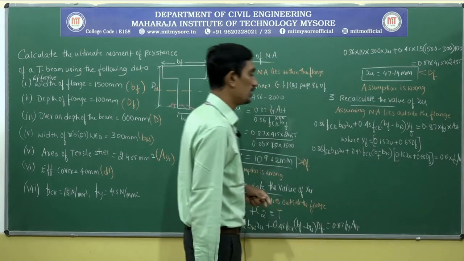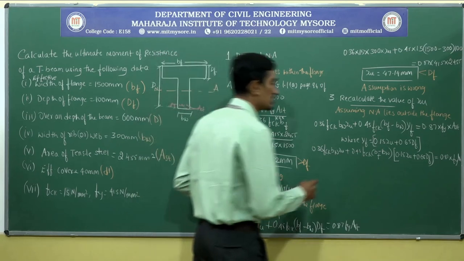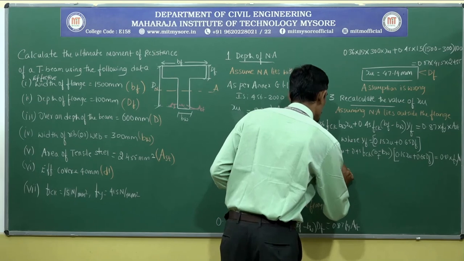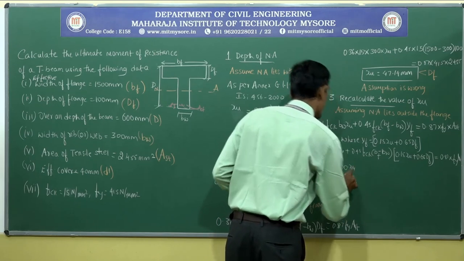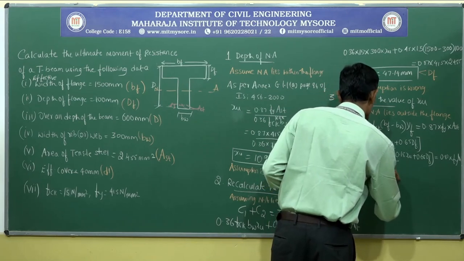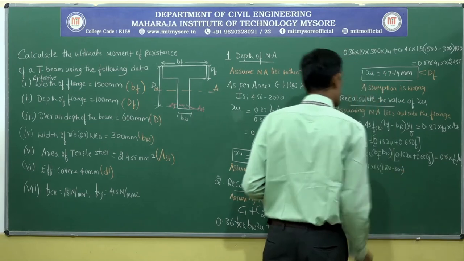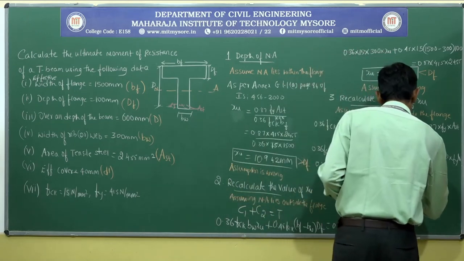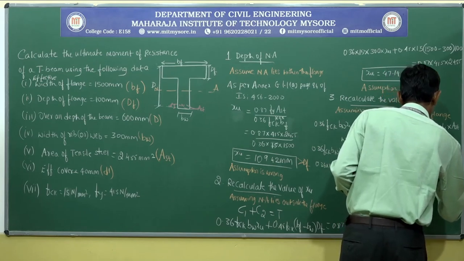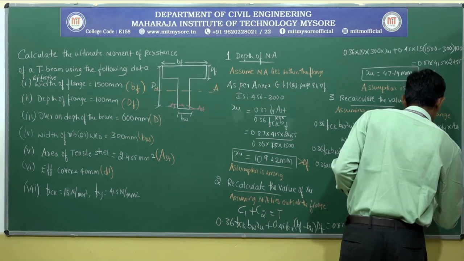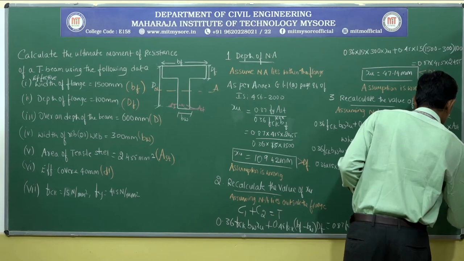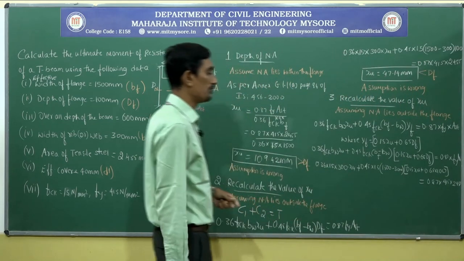So next, substitute all the parameters. 0.36 into 15 into BW is 300 into XU plus 0.45 into 15 into 1500 minus 300, multiplied by 0.15 XU as it is, and then 0.65 into 100, equal to 0.87 into 415 into 2455.